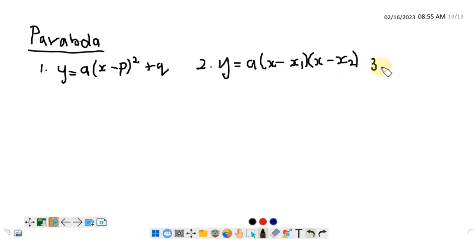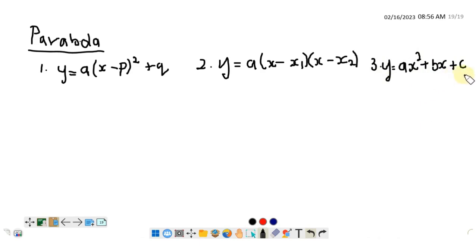But the third one, y equals ax² + bx + c, is the standard form we know. What do we know about this one?